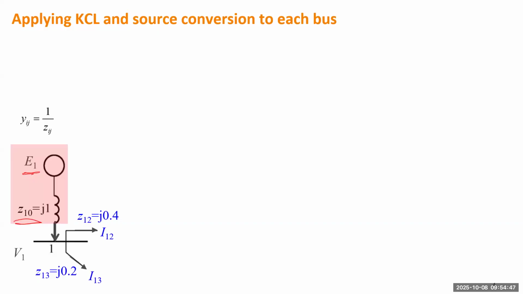Z10 means the impedance connecting that EMF to the terminal, which is the synchronous reactance, right? If we also consider the resistance, it will be the synchronous reactance plus the armature resistance of that generator. And for each branch, we have an impedance. Z12 indicates the impedance from bus 1 to bus 2, and Z13 is from bus 1 to bus 3. In general, both impedances are complex values, not purely imaginary. They can have a resistance and also a reactance.